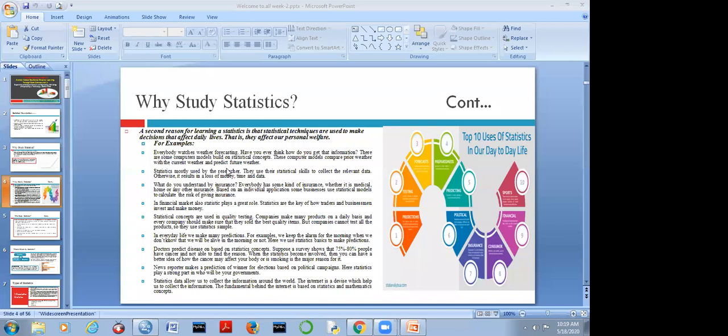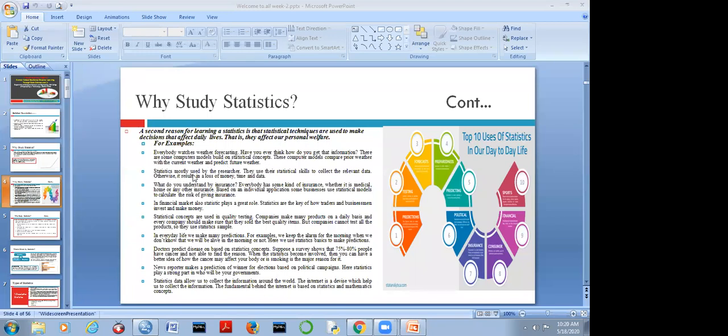For example, if rainfall is predicted for tomorrow, you will take precautions. You keep your umbrella or raincoat with you, or you don't want to go out. If you want to travel, you avoid the travel, because rain creates a problem. So especially in the rainy and winter seasons, we really follow the weather forecast.